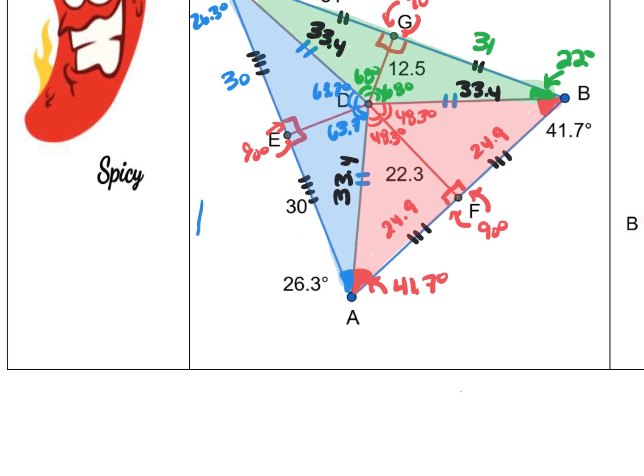So I have the 33.4. That's the hypotenuse. I have 30 for the base, and I'm looking for a leg. So again, I'm going to take 33.4 squared is equal to x squared plus 30 squared. I'm going to move that 30 across. So minus 30 squared. I'm going to equal to x squared.